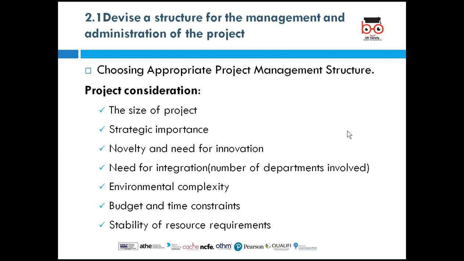Now, in looking at the project structure, we first have to take into consideration the size of the project. The size of the project will determine the structure that we're going to use. How many line managers we're going to need, how many team managers we're going to need, all depend on the size of the project.